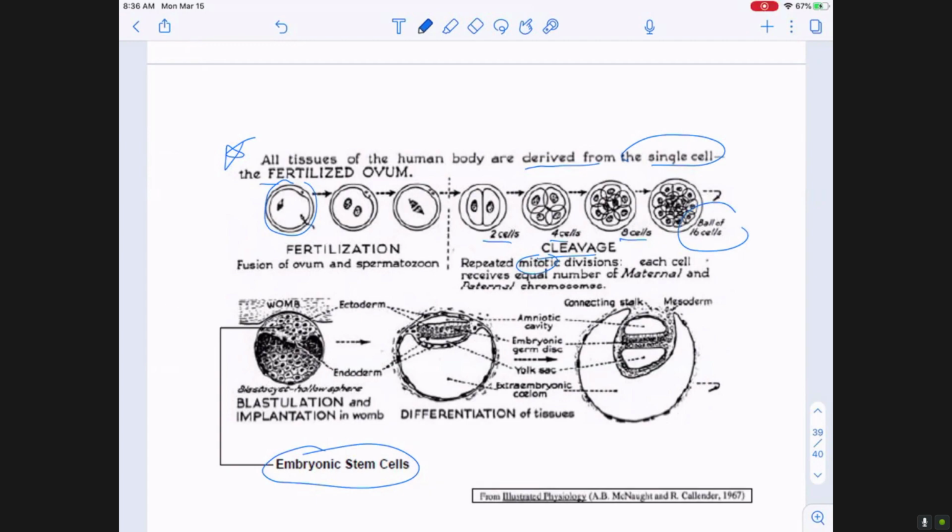From the blastulation stage comes differentiation into the embryonic germ layers.